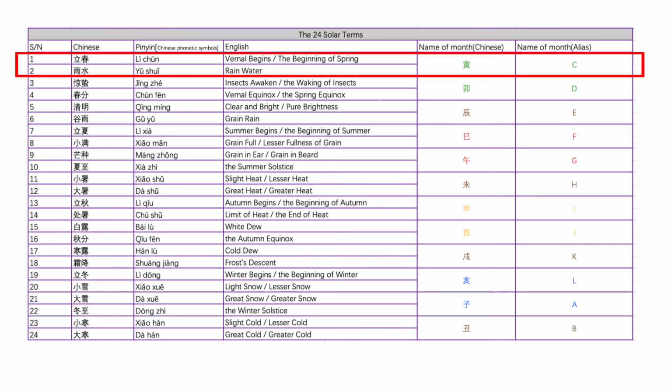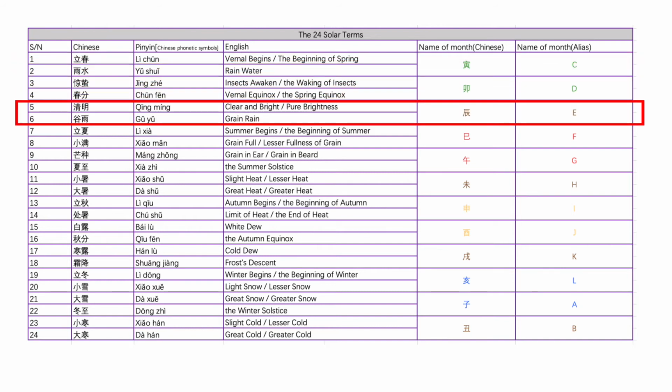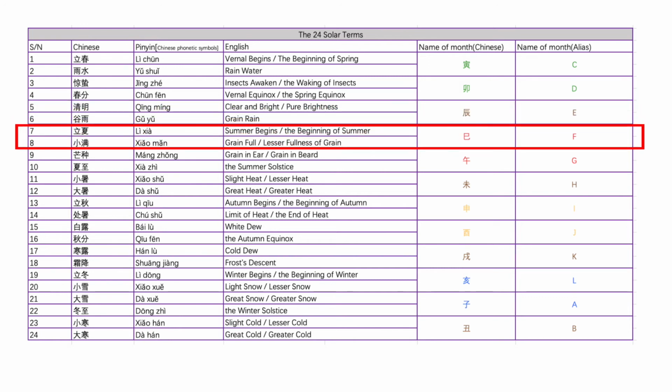The month formed by the 2 solar terms of clear and bright and green rain every year is called Chen Yue, or Yi Yue for short. The month formed by the 2 solar terms of summer begins and green fall every year is called Si month, or F month for short.